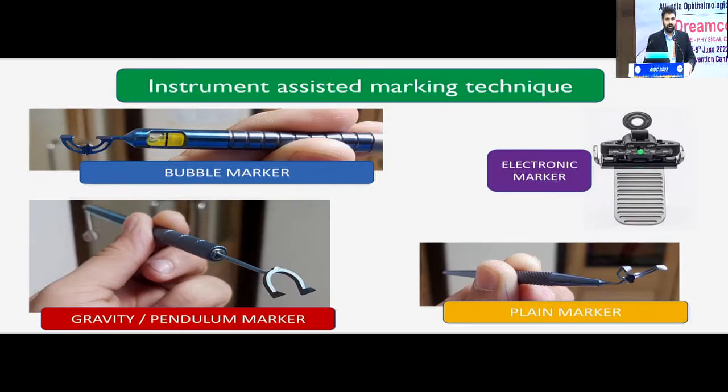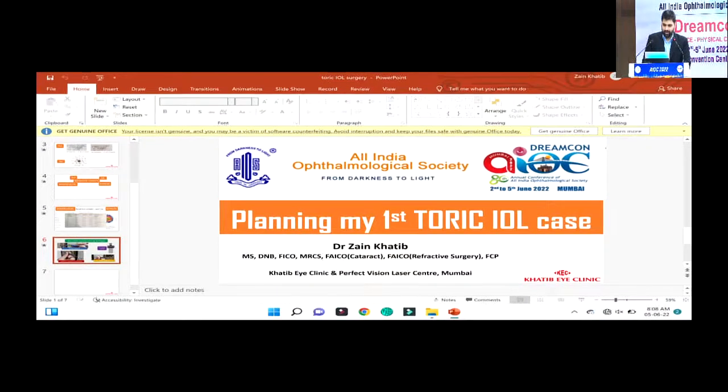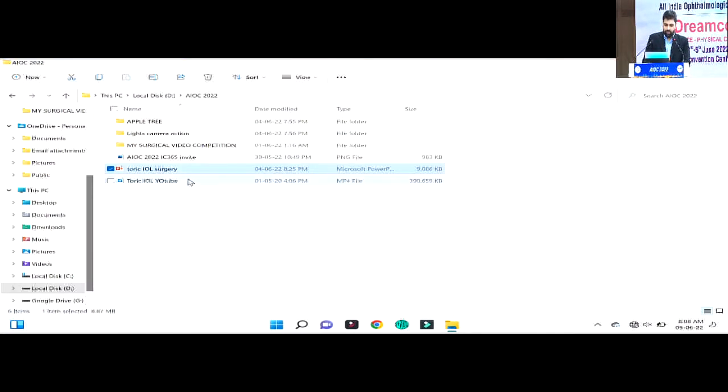You can do a freehand mark. There are many different methods. I would say for a beginner, you should use a freehand mark, because to start off with, it is best, and then probably if you're not comfortable with that, you can go on to one of these markers. So I'll just show a small video to conclude.